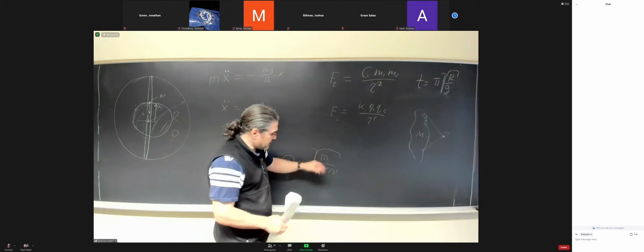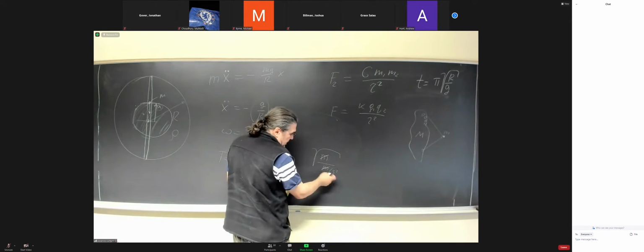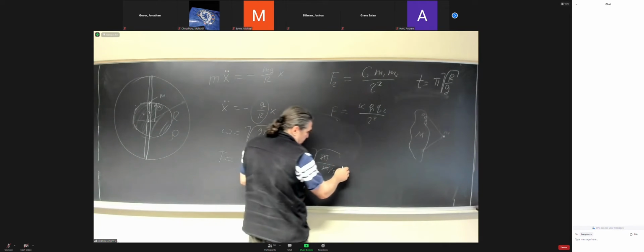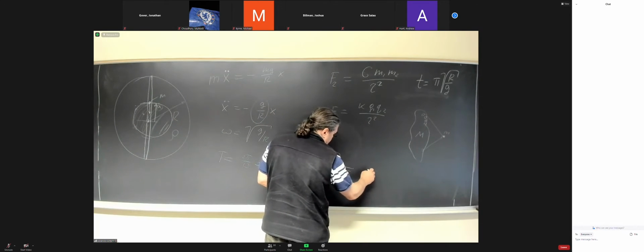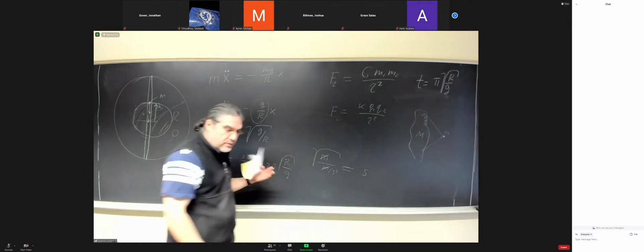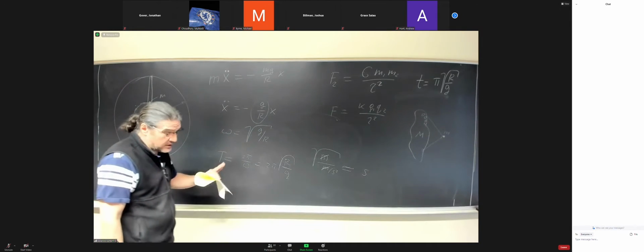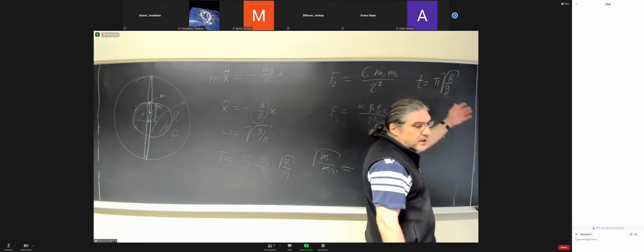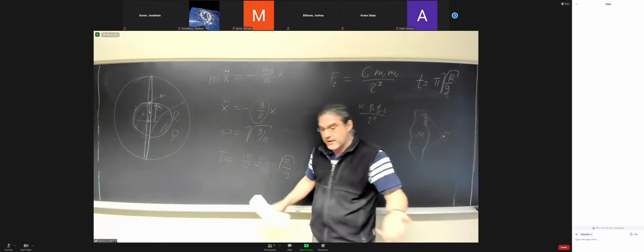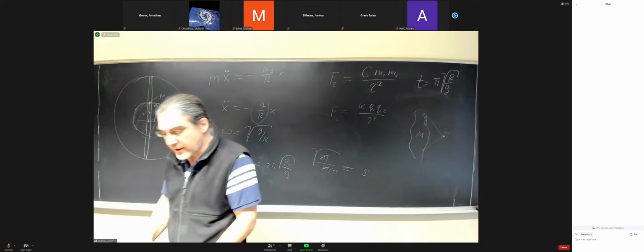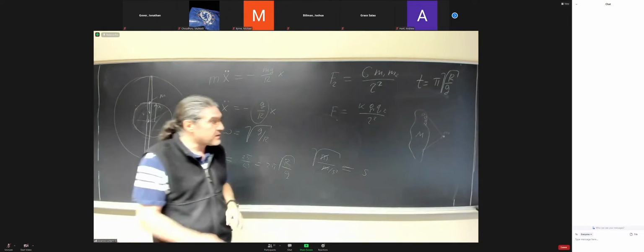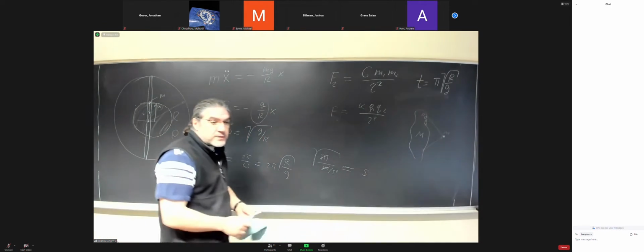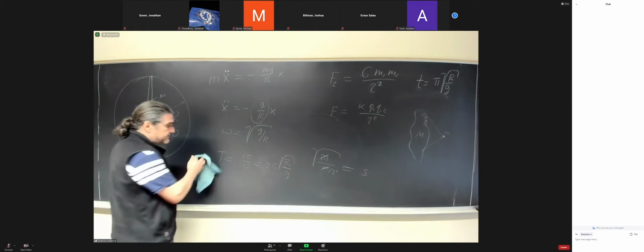So what we see here is that meter cancels out and s squared goes on top. So this equals second. The units, only units. I don't care about numbers. I only check units. So this is seconds, and that's exactly units of time. So at least that part is correct. All right. Any questions so far?